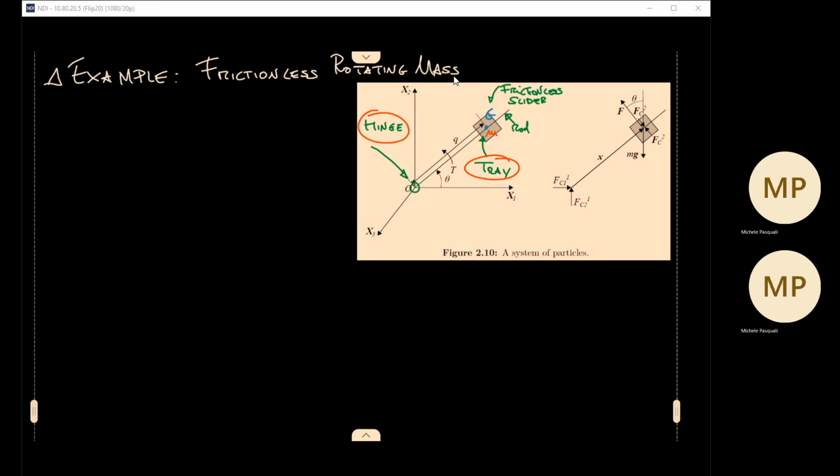In order to simplify this system, let's define this force F, which is actually applied over G, the center of mass of our particle, sorry, of our mass, as a product with the distance, the vector X between O and G. To be clear, we define the vector X so that its module is Q.